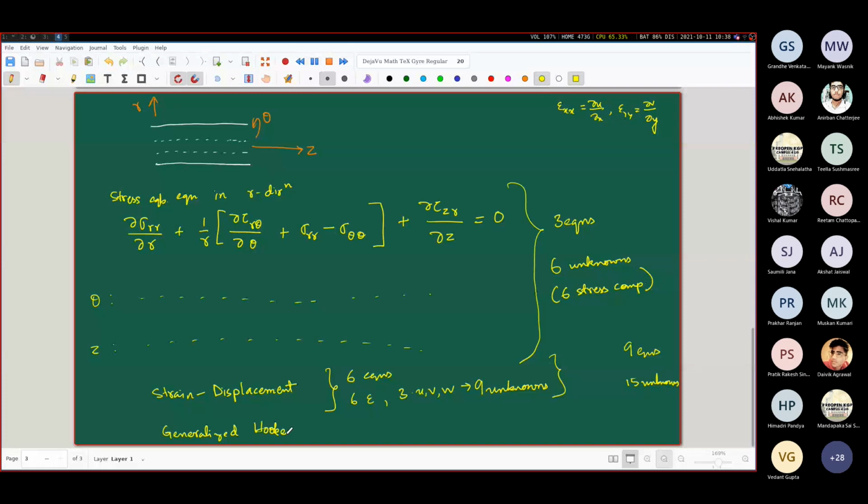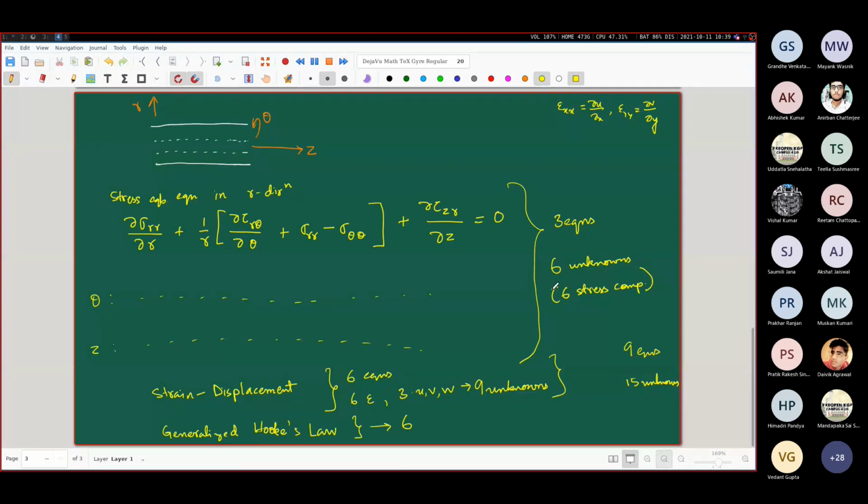How many equations are here? 6. And how many new unknowns? Not a single one. Inside you have the 6 stress components, but we have already accounted for them. The 6 strain components are here. We don't have to add them again. So now we have 6 equations involving no new unknowns.